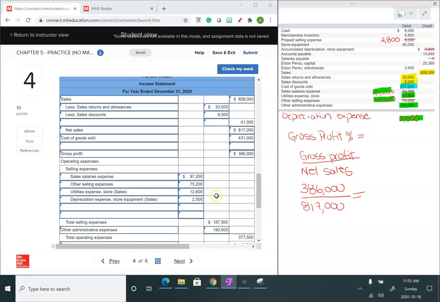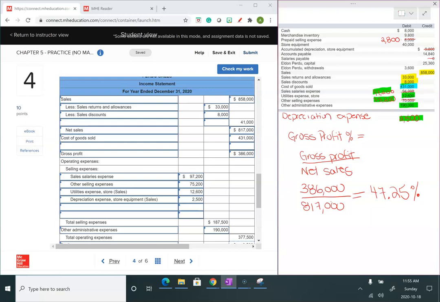And that gives me 47. I'll round it to 2 decimal places, percentage, 47.25 percentage. So if you do 386 divided by 817, it's going to give you 0.4725. And then if you just multiply that by 100, that'll give you it as a percentage.